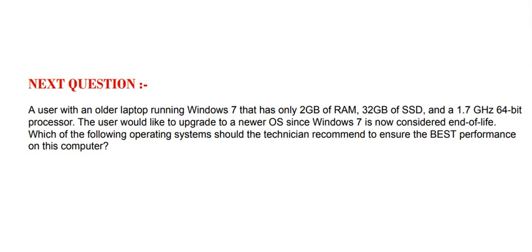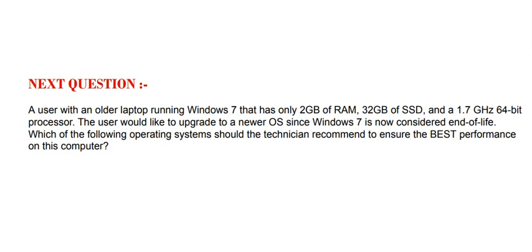Now the question is, a user with an older laptop running Windows 7 that has only 2 GB of RAM, 32 GB of SSD and a 1.7 GHz 64-bit processor. The user would like to upgrade to a newer OS since Windows 7 is now considered end of life.